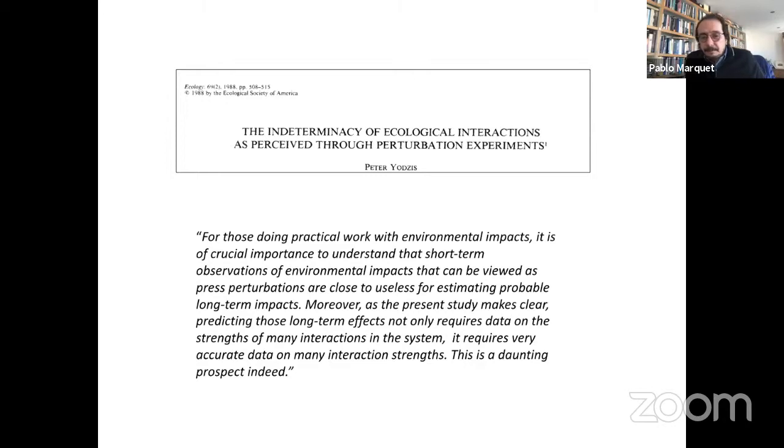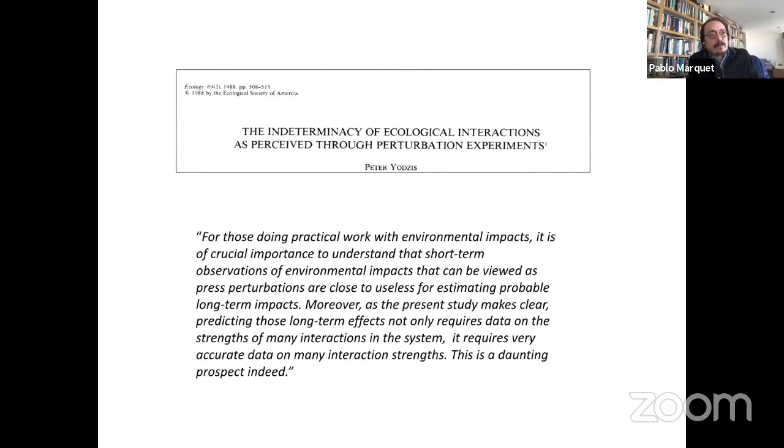Because you keep pushing, he said, very much as I cut and pasted here from his own words: for those doing practical work with environmental impact, it is of crucial importance to understand that short-term observation of environmental impacts that can be viewed as press perturbations are close to useless for estimating probable long-term impacts.